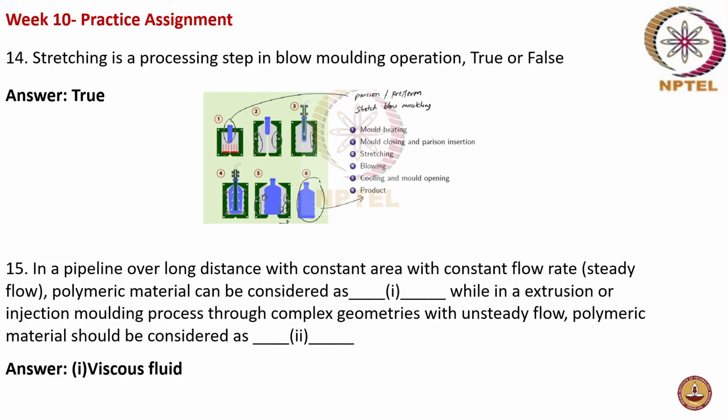For the first case, where for example a polymeric melt flows through a long pipeline that has a constant area and the flow rate is also maintained constant, this is a steady state flow.